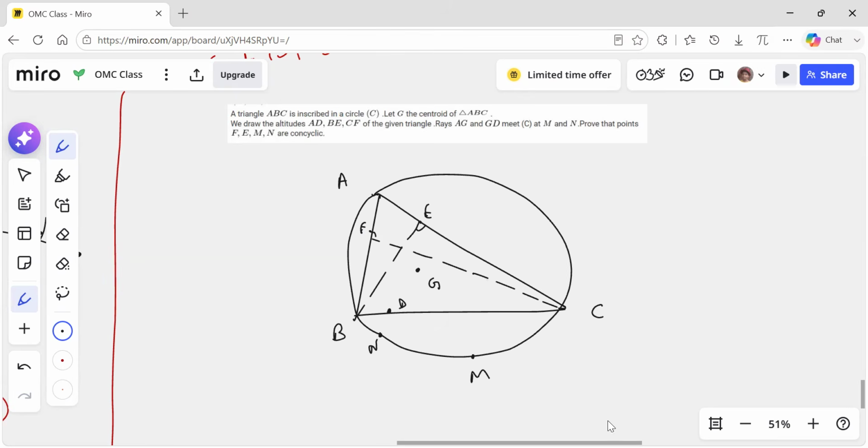Yes, Adit, what was your thing? We need to show that FE, BC and MN will concur at some point.